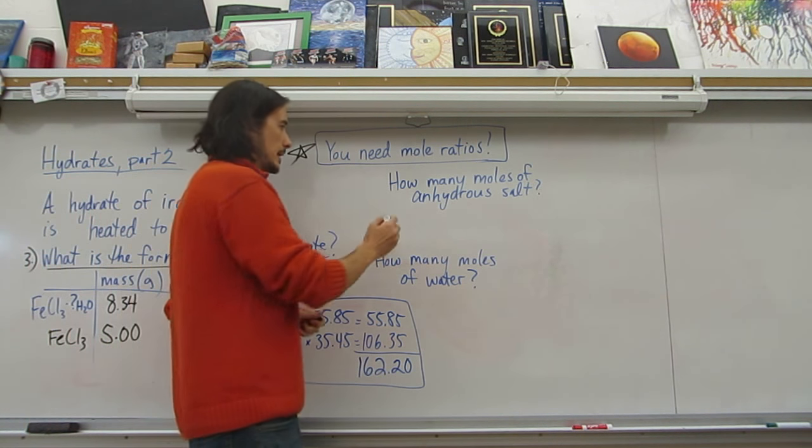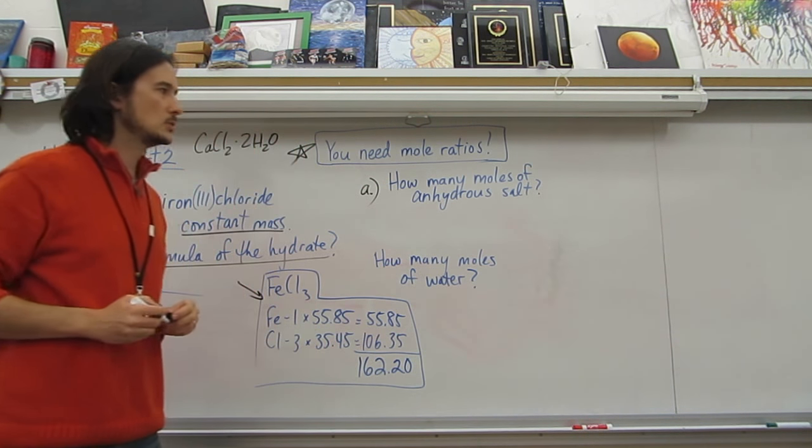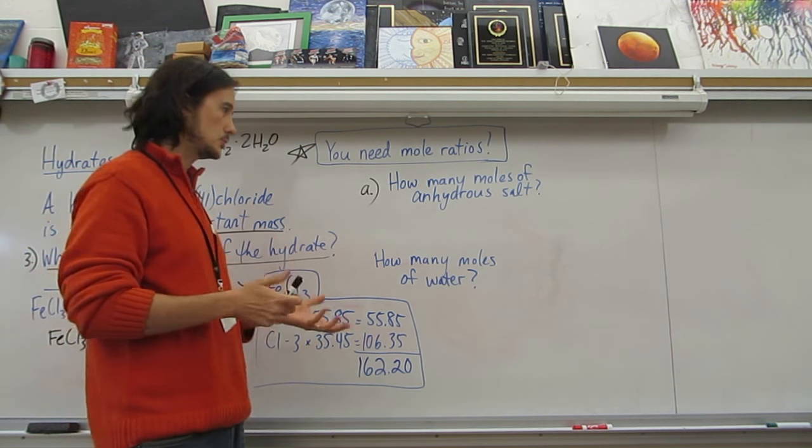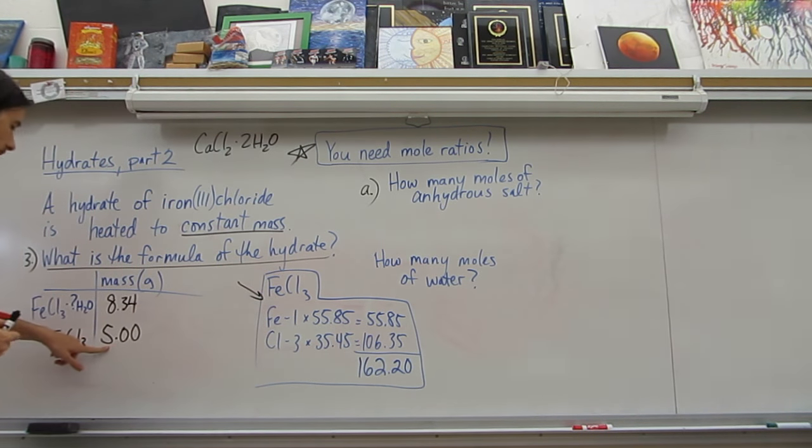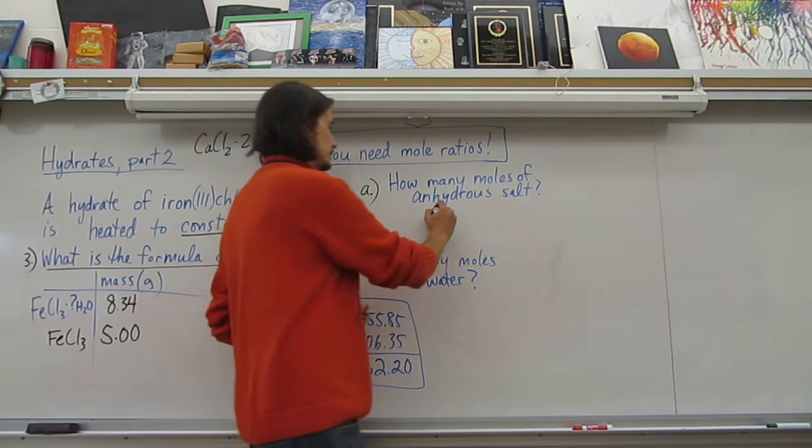So one question that you're going to answer is, how many moles of anhydrous salt are you left with? And we have 5 grams, and we know the formula. That means we can convert to moles.